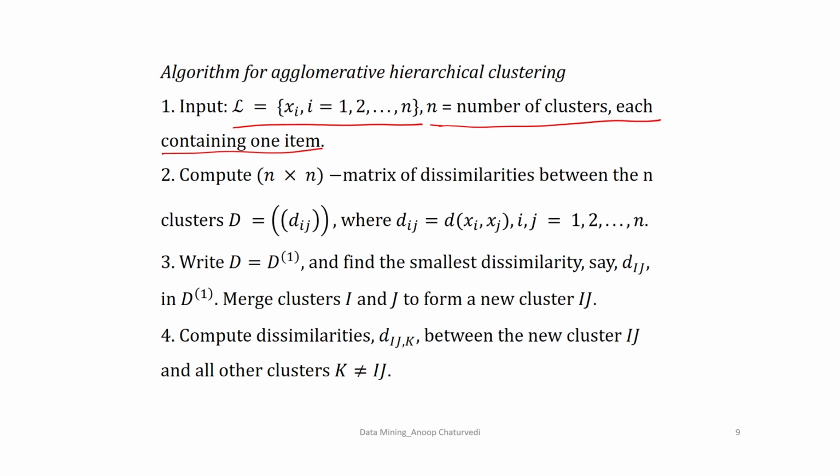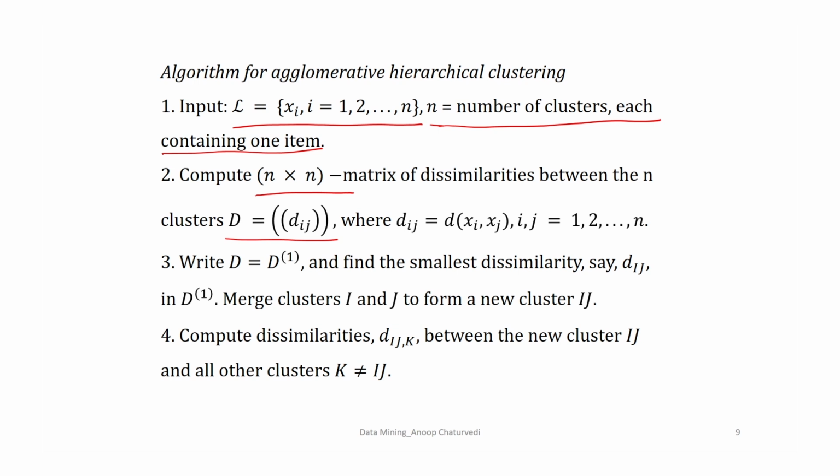Then we compute an n by n matrix of dissimilarities between the n clusters. We use some measure of dissimilarity between the data points, and since you have n data points, you get an n by n matrix. This is the distance matrix with ijth element dij, where dij denotes a measure of dissimilarity between xi and xj for all i, j equal to 1 to n.